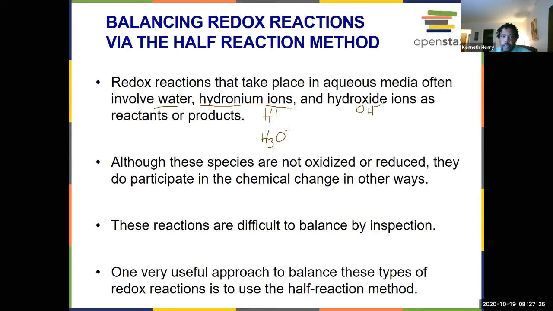So these species, water, the hydronium ion, and hydroxide ion, are not going to change their oxidation state. Although they're participating, they're more like spectators, because their oxidation state isn't going to change on either side of the equation.